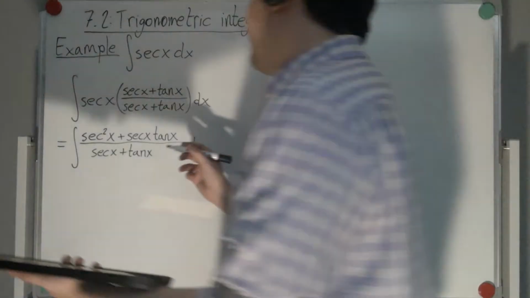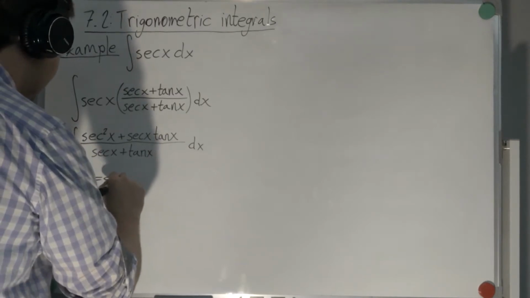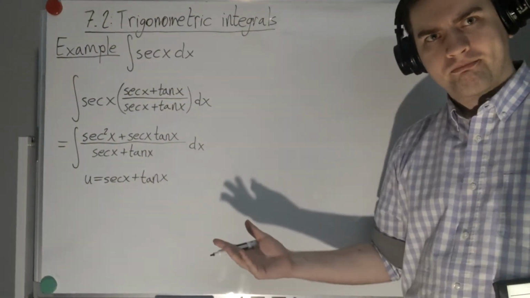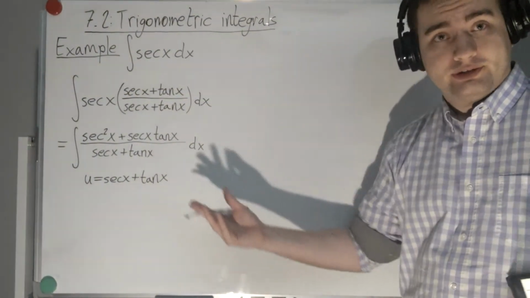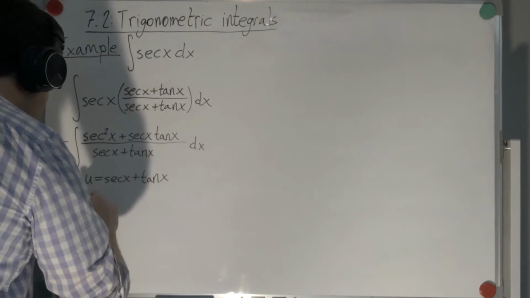What I'm going to do is I'm going to say u equals secant x plus tangent x. Okay? In other words, the denominator, right? Well, if we do that, then we have to figure out du.